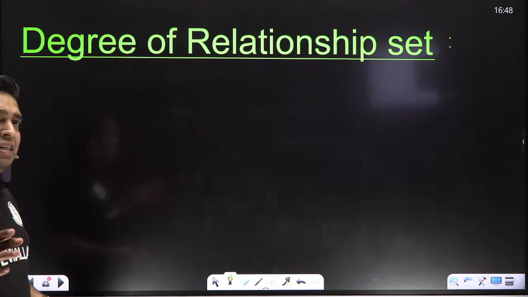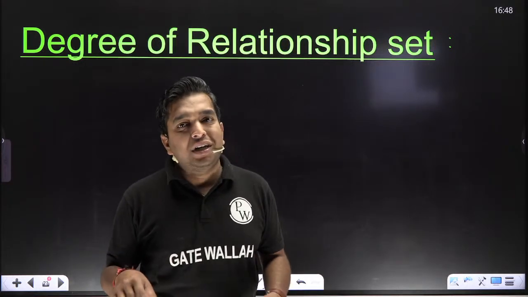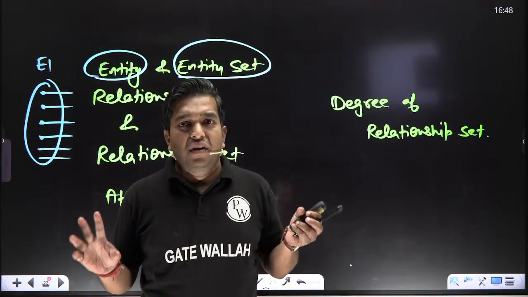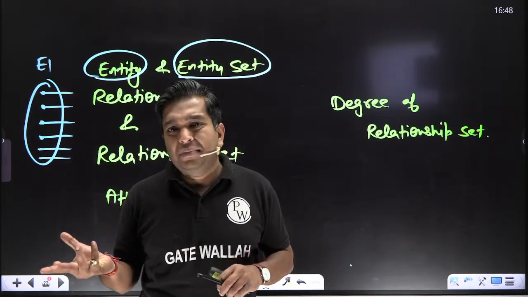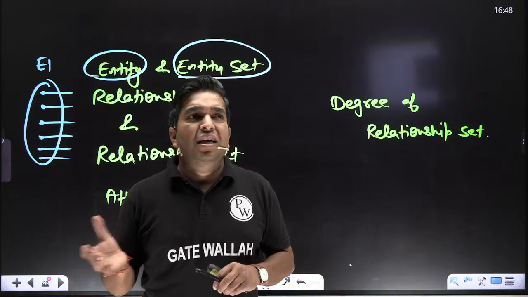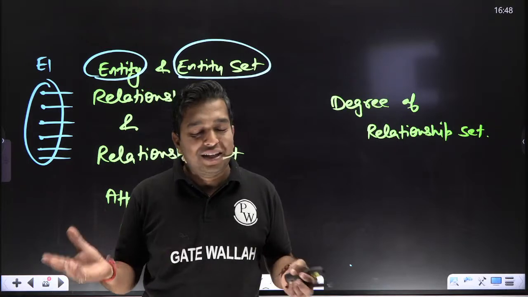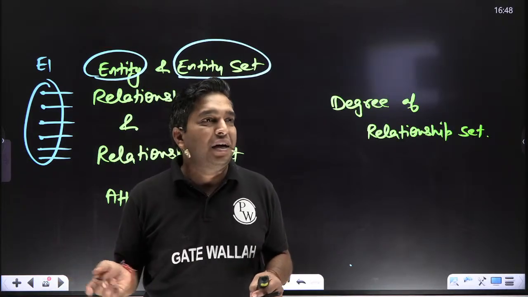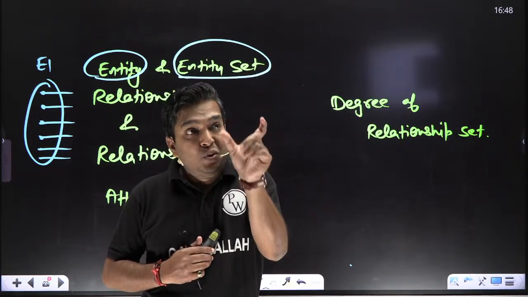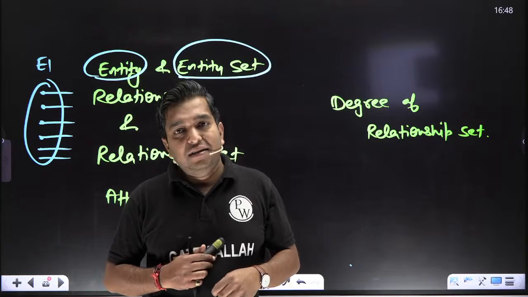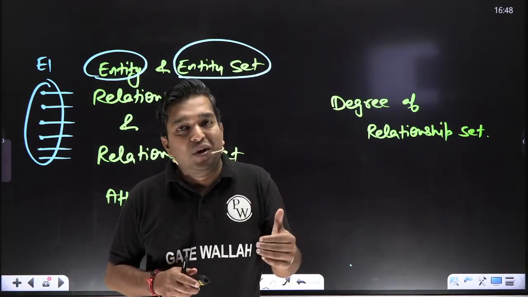Degree and cardinality. Most of the students in India have a confusion. They think entity and entity set are the same terms and synonyms. Relationship and relationship set are the same, only synonyms. No, son. Entity means each and every candidate, and student is an entity set. Any collection of similar entities is called an entity set, and each element is called an entity. Clear?